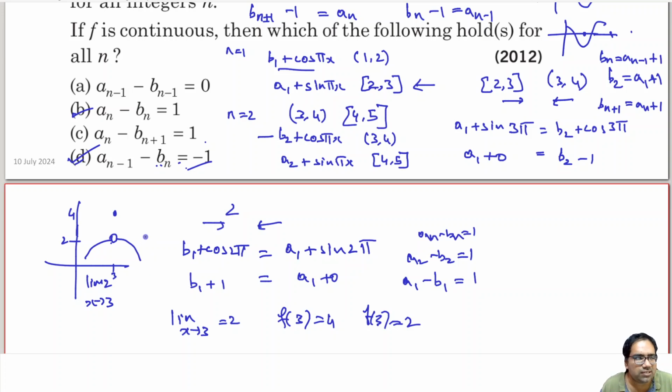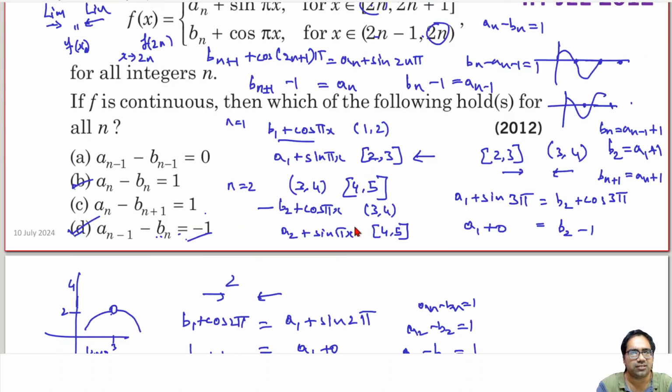Let's say this point was not there, then f of 3 is not defined. What does that mean? f of 3 is not defined, but limit x tends to 3 is 2. Then that function is not continuous. The function is continuous only when the limit is 2 and the value of the function f of 3 is also 2. So both conditions should be satisfied. The limit also should be the same as the value of the function, then only the function is continuous.